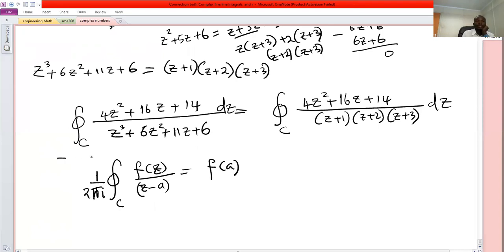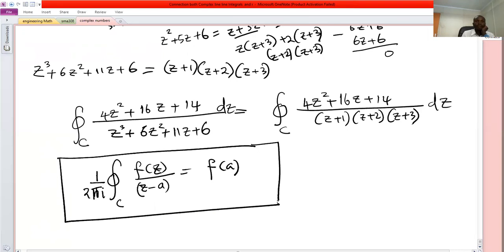So this is the Cauchy integral formula for evaluating the value of a function at the point z = a.